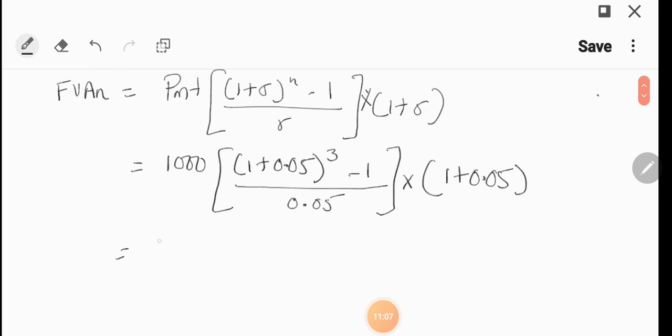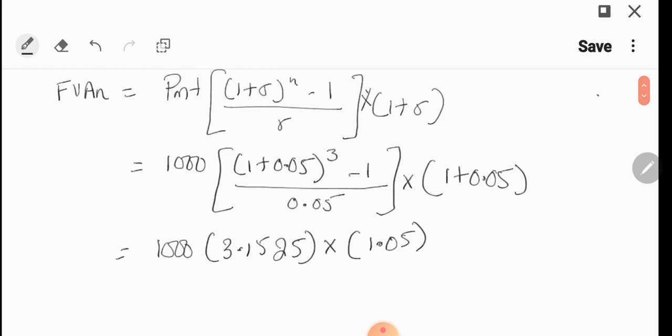So first I'm going to solve the bracket. So this is 3.1525. I'm going to multiply both of them. So multiplied by 1000. See, this is what I was saying. This was the answer that you got from your ordinary annuity formula.